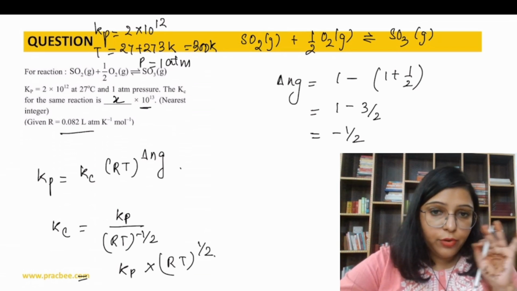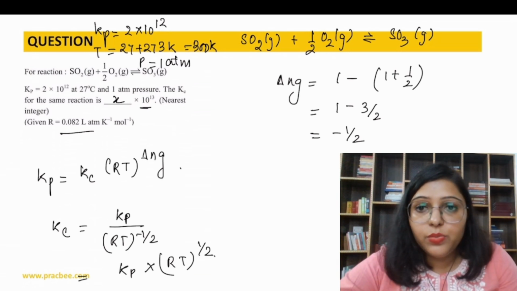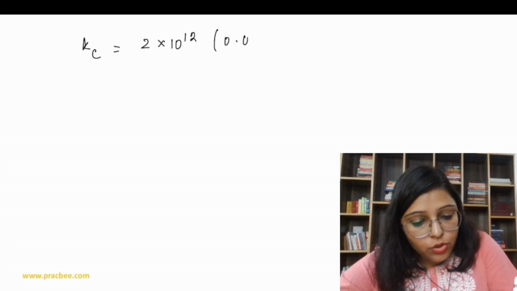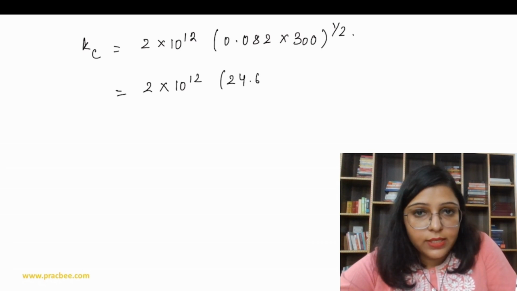Okay, now we have to put all the values. So Kp is what? 2 into 10 to the power 12. R is 0.082. Temperature is 300, and that is half. Okay, so on solving, we get this equal to 24.6 half.